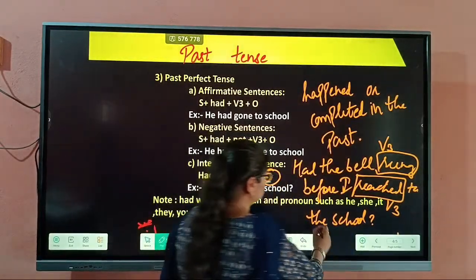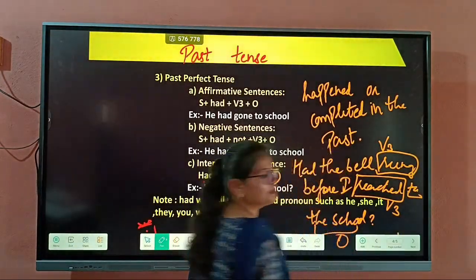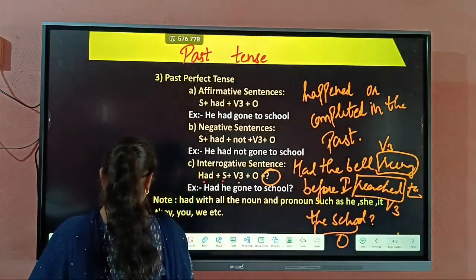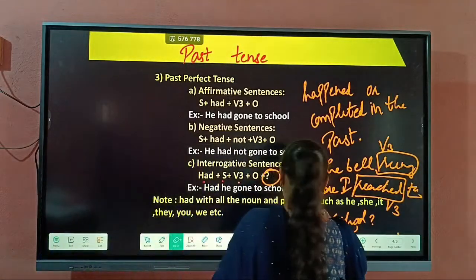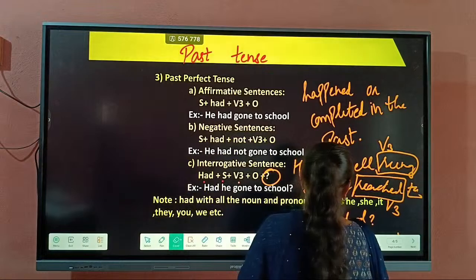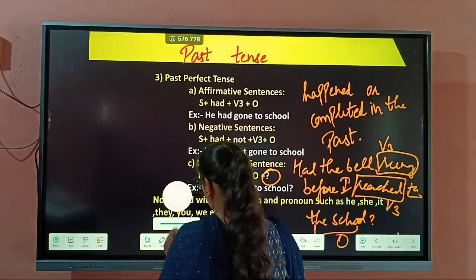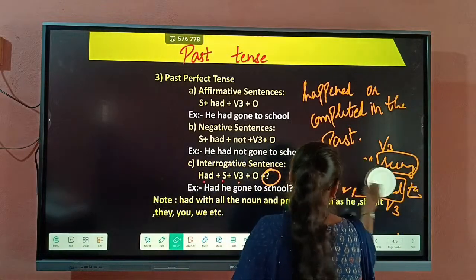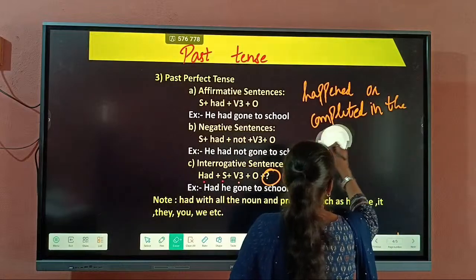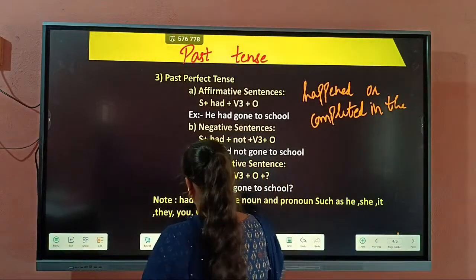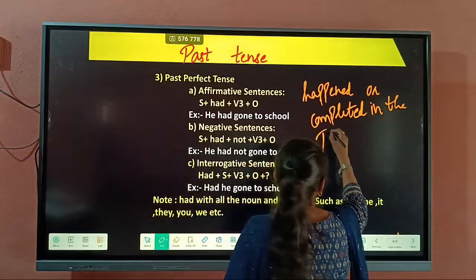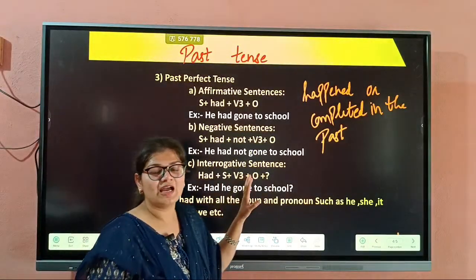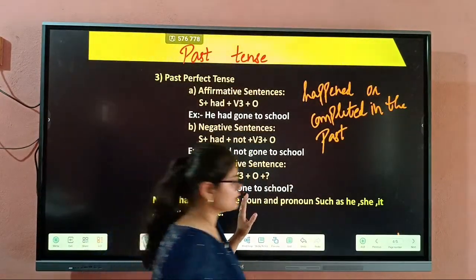To the school. To the school is completely an object. Clear, students? Up to this, I think the things will be clear to you, right?